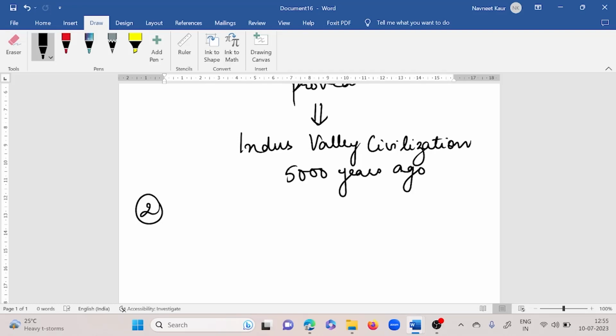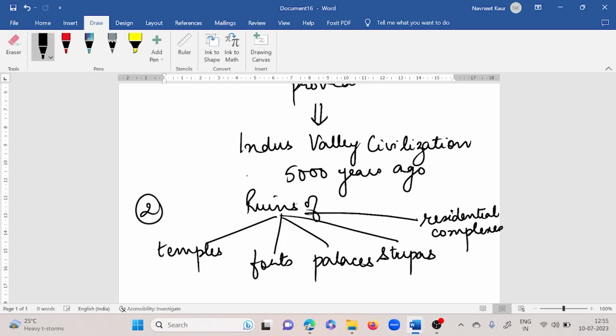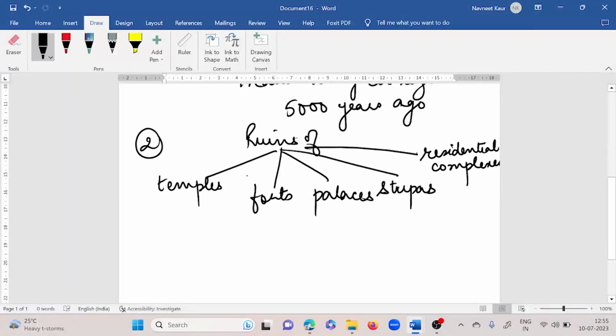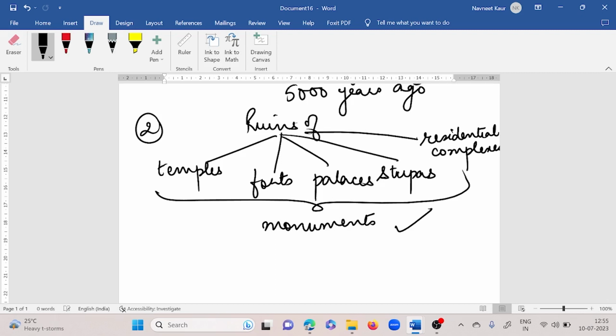We got to know that the ruins of temples, forts, palaces, stupas, and some residential complexes are some common monuments that make the past interesting.